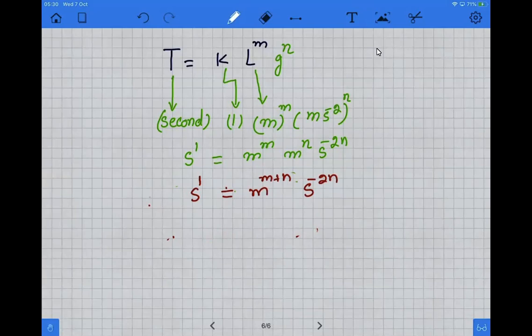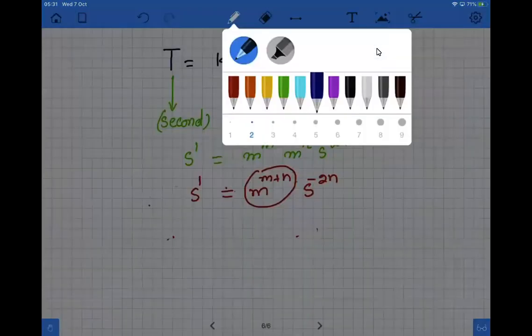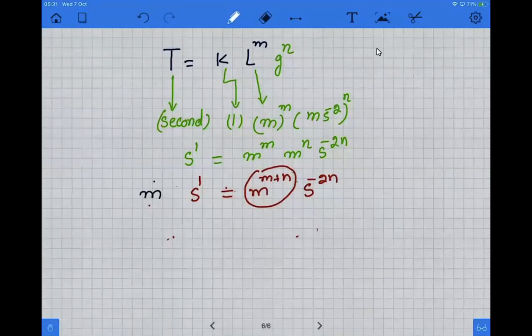So if we simplify it, since meter is on the right hand side while on the left hand side meter is missing, you need to put meter on the left hand side: meter power m plus n, second power 1, and meter power m plus n, second power minus 2n. Since there is no meter on the left hand side, replace it with meter power 0. If some base is present on the right hand side and it's not there on the left hand side, it is to be replaced with power 0. So meter power 0, second power 1.